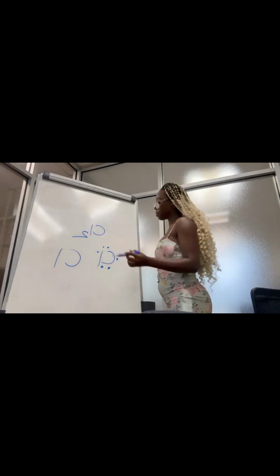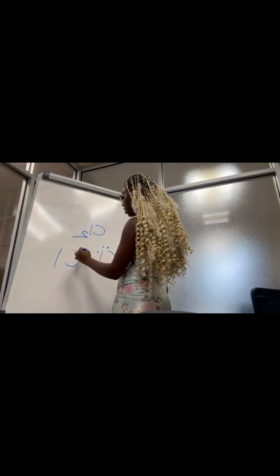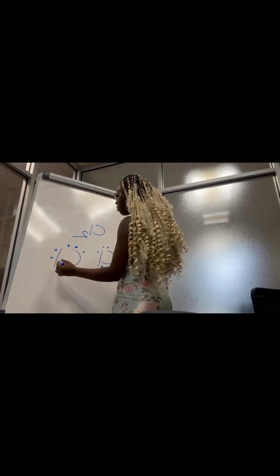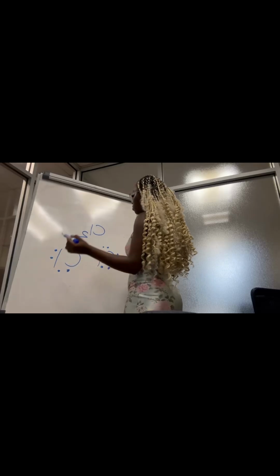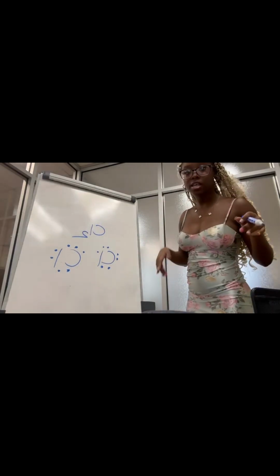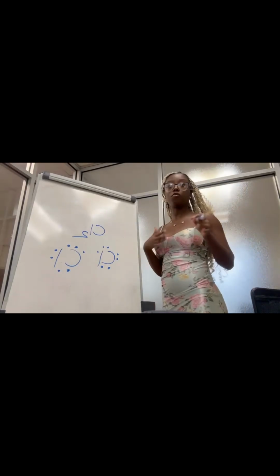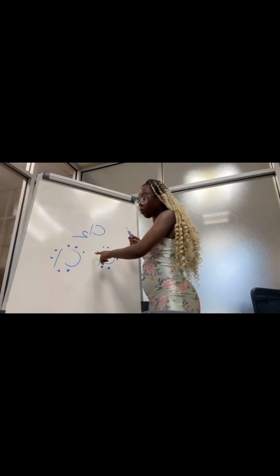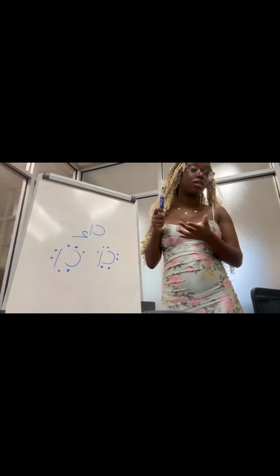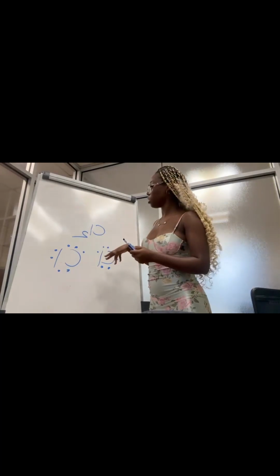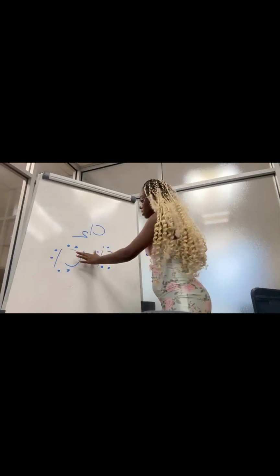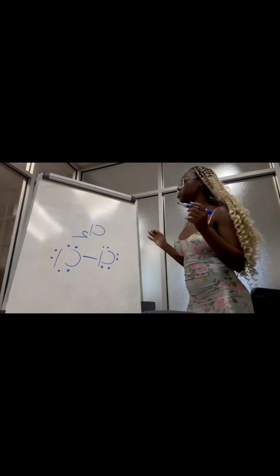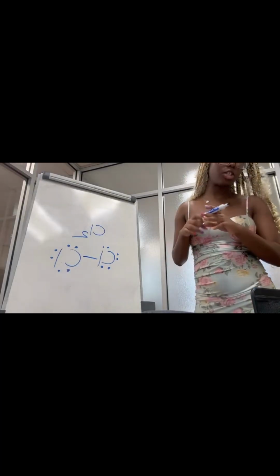Then you do it again on the same side, 1, 2, 3, 4, 5, 6, 7. Just like I told you before, these 2 form a bond. So you can erase this again and put a line in the middle to create that bond, to show that it's just 1 bond.